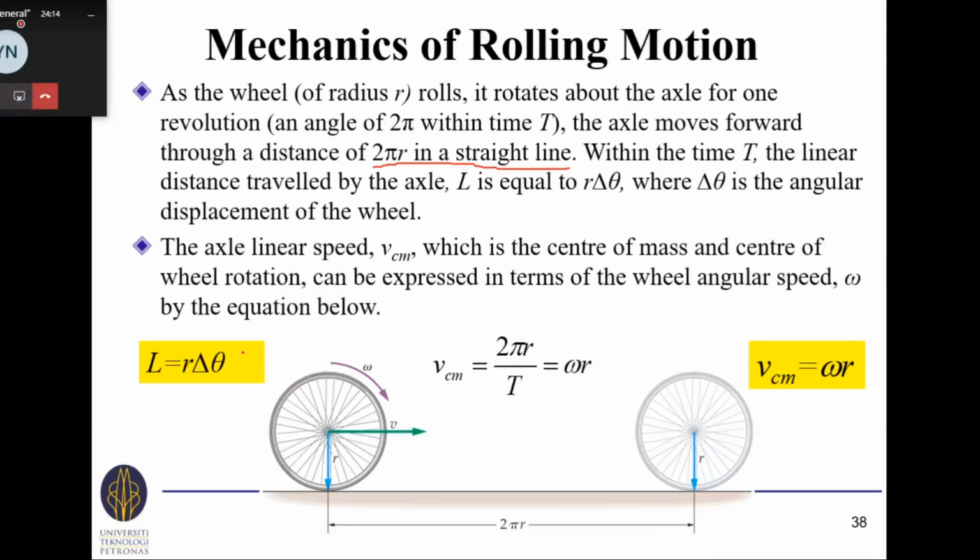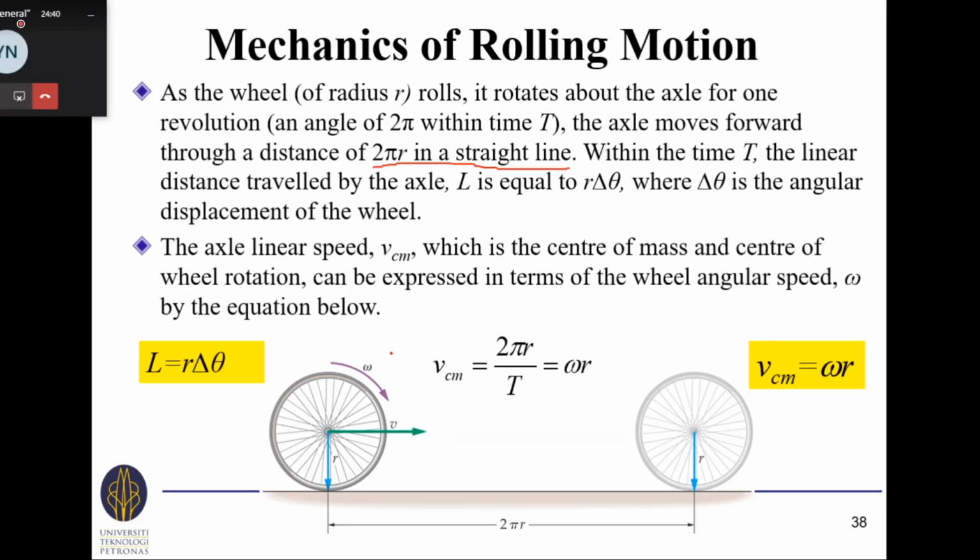So as the object rolls one whole turn, it has moved a distance equal to the arc length, or the circumference of the tire.